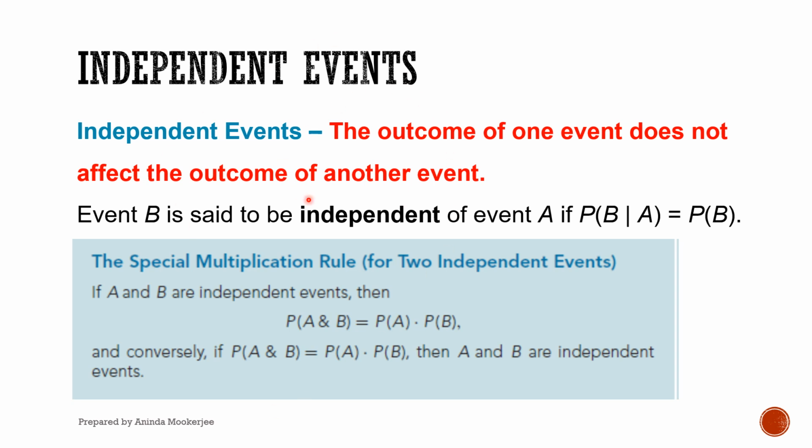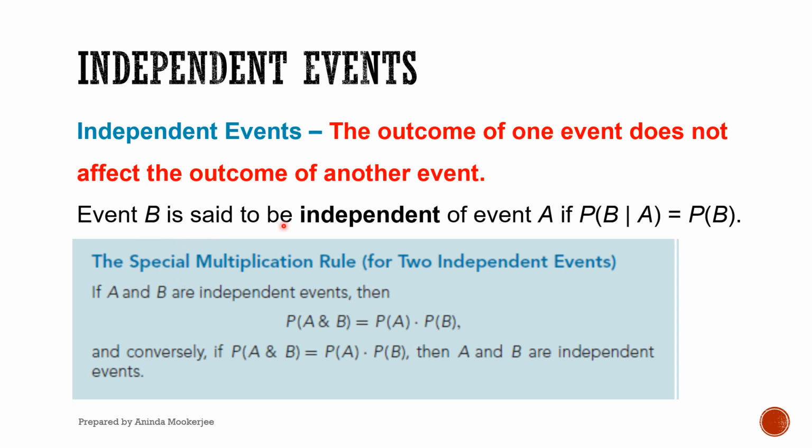We are now going to read through the definition of independent events. It says the outcome of one event does not affect the outcome of another event for independent events. We saw that example of genders at birth, the likelihood of having a boy or a girl at successive births.